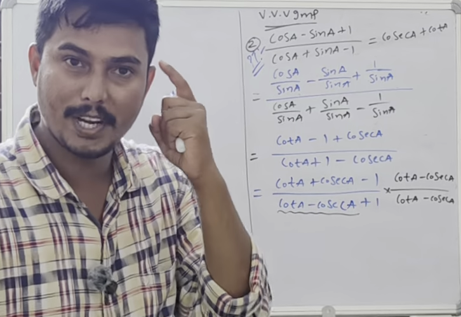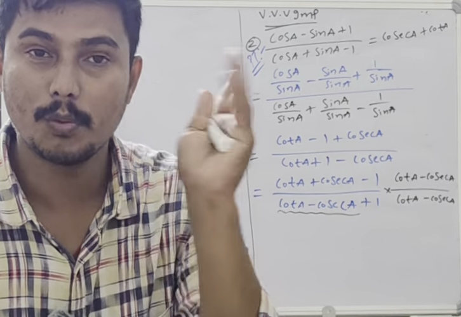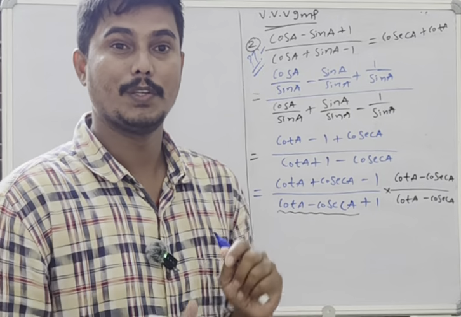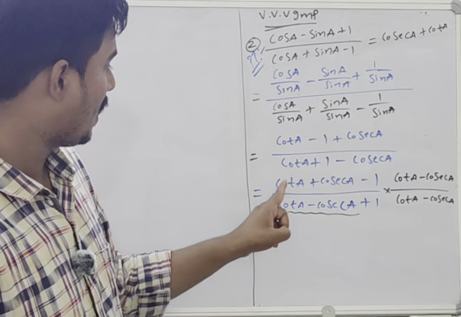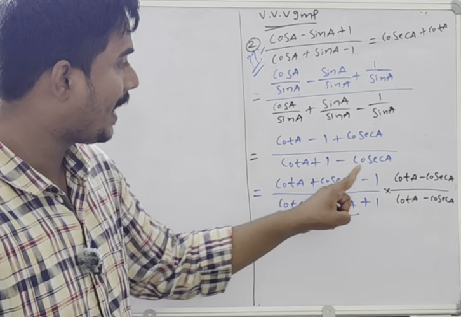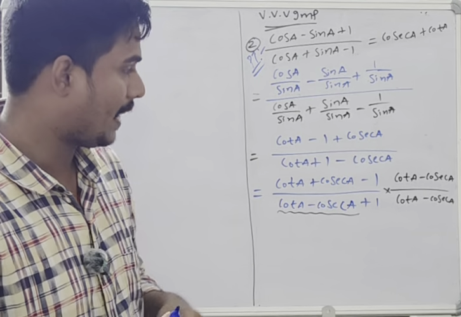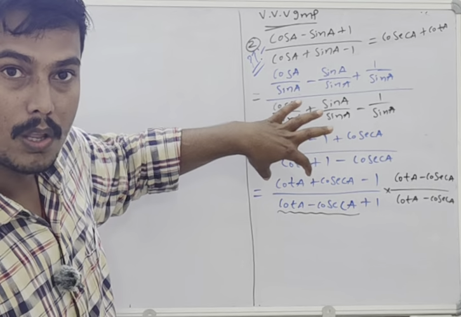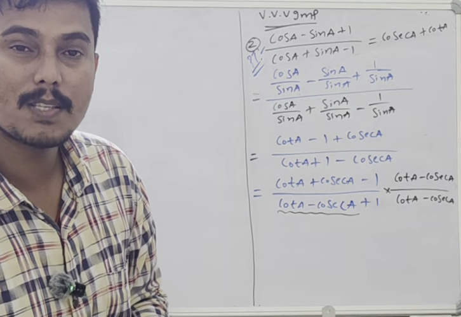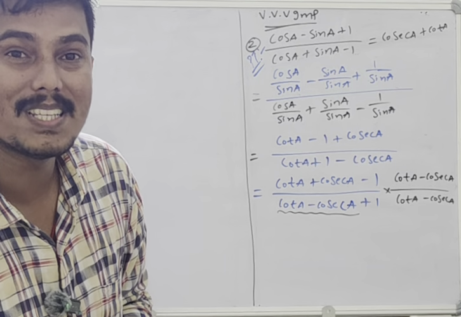From here, one thing should be in your mind. Only solve the numerator. Now let us say, see, cot A plus cosecant A, cot A minus cosecant A. This will multiply whole. So A plus B, A minus B is what? A square minus B square.